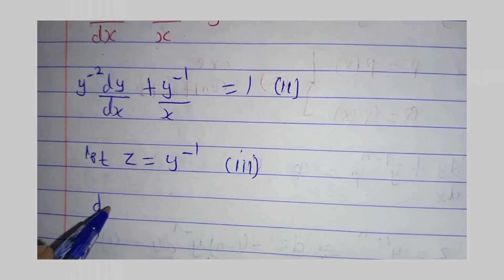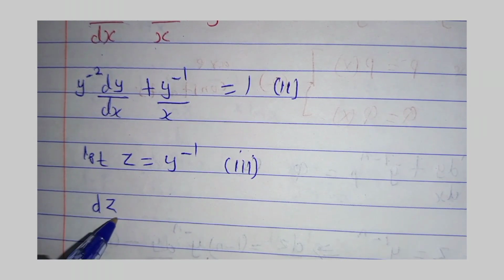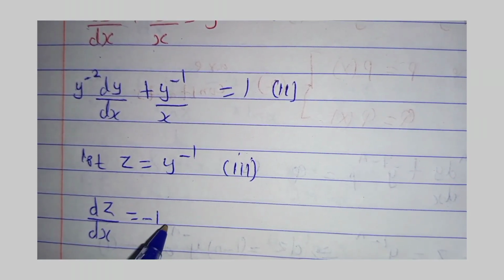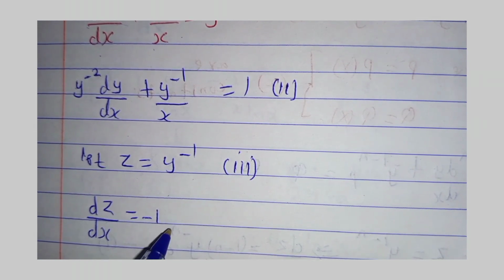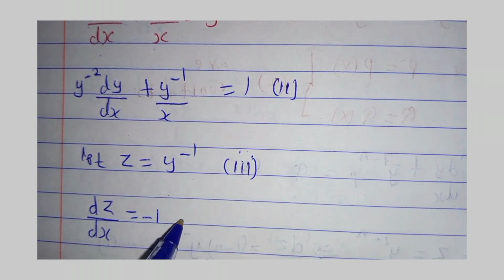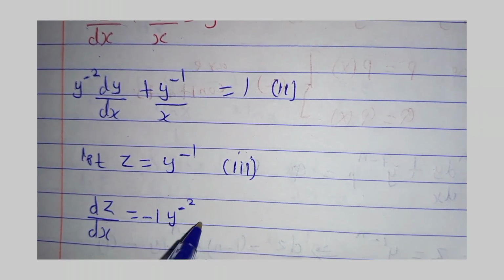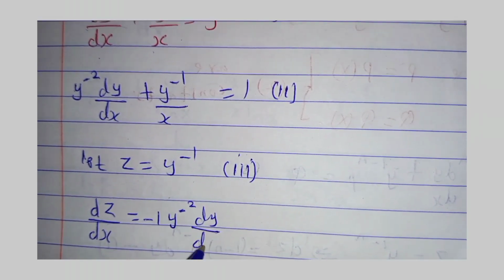So you are going to have dz over dx is equal to -1 y power -2 dy over dx.